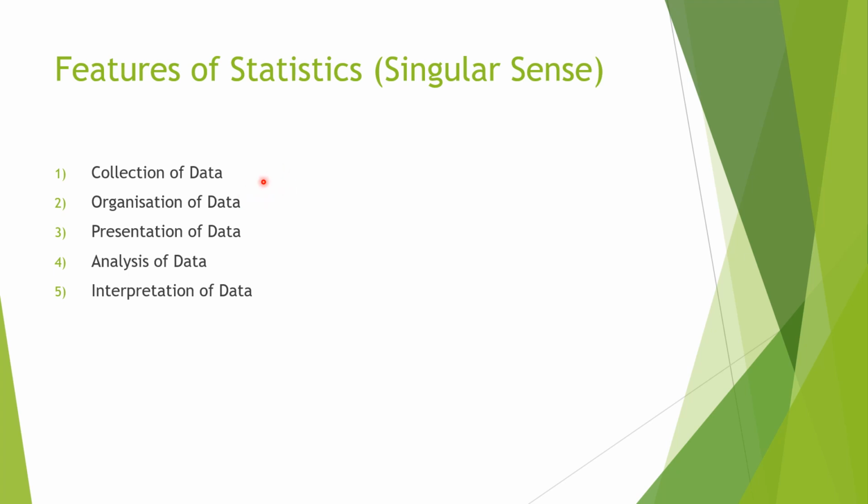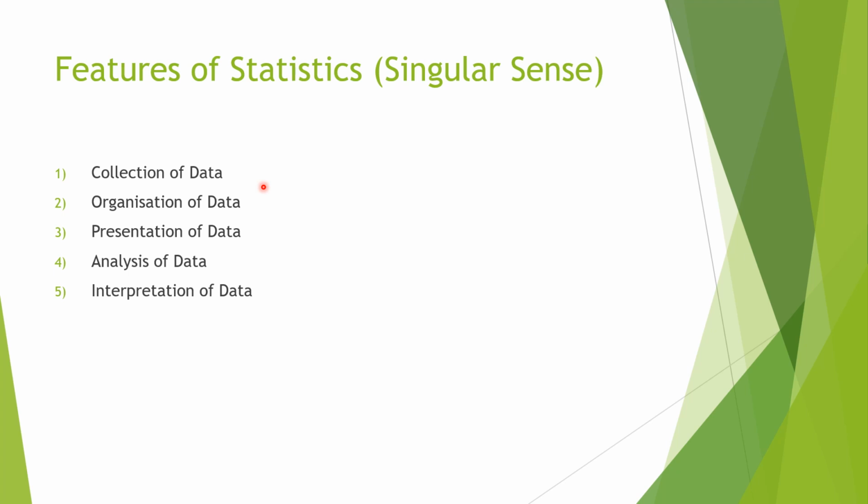In this, we will collect the data, and for data collection we have 2 methods. First one is the primary method or primary source. Second is the secondary source or secondary method. Under the primary method, we collect the information from the source of its origin or from the point of its inception.